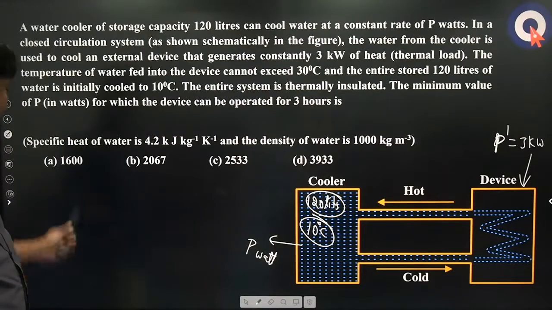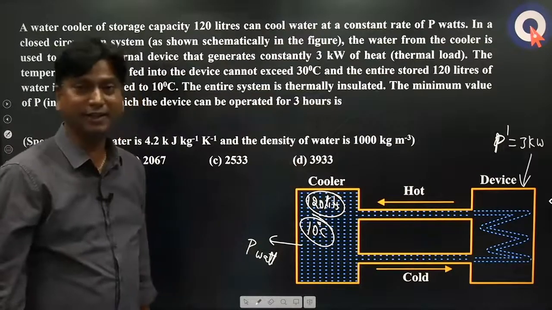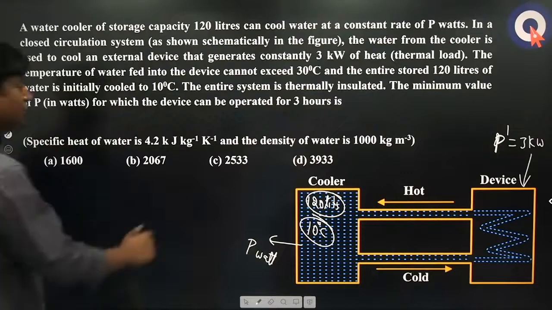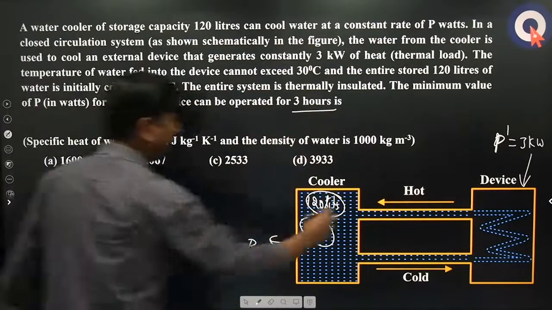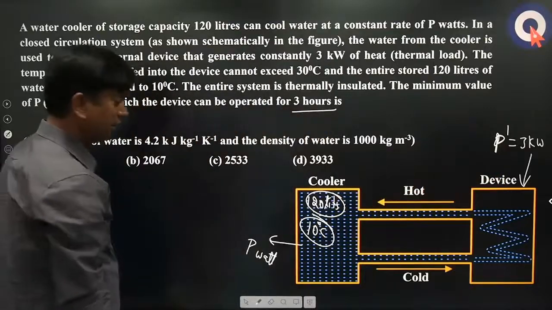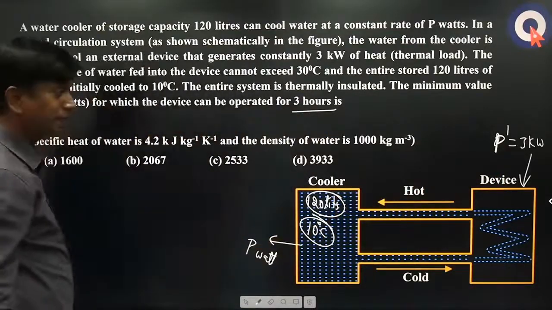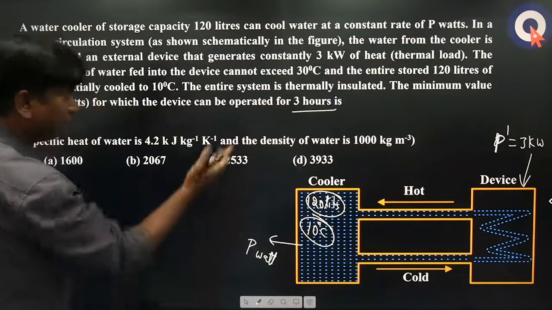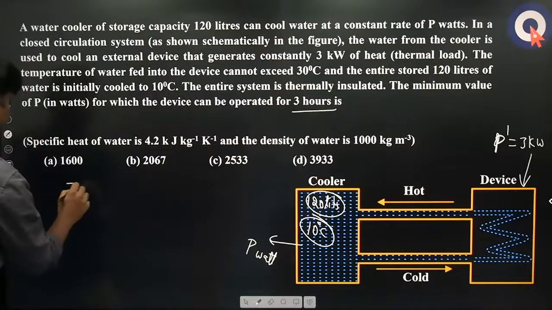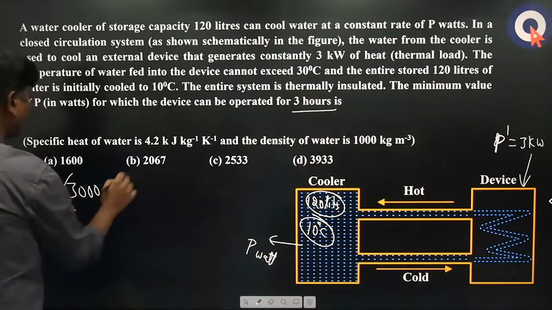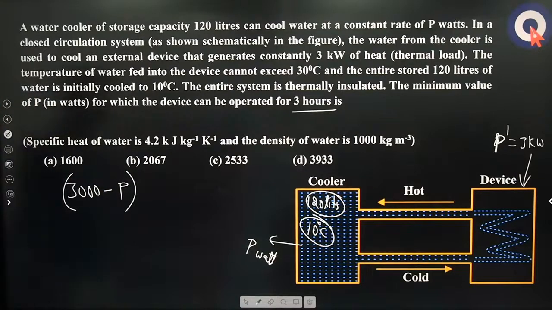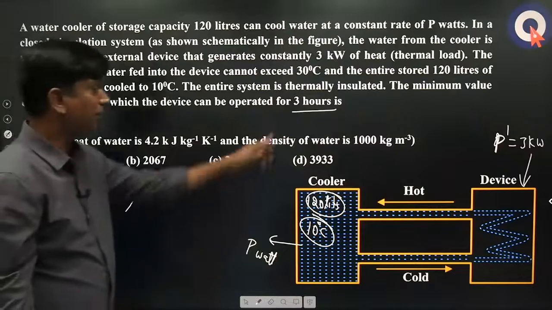So maybe the options are out of A, B, C, it can't be D, right? Because they are asking continuously for 3 hours. So heat entering the system is 3 kilowatts, heat leaving the system is P, right? So that is 3 kilowatts, means you can take 3000 minus P, into how much time you have to operate? 3 hours.